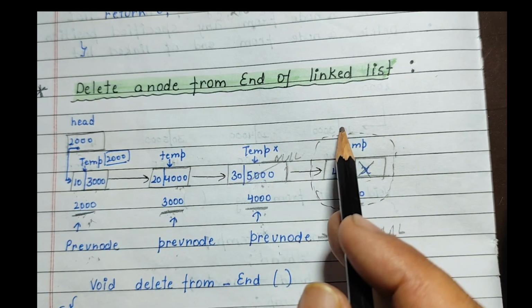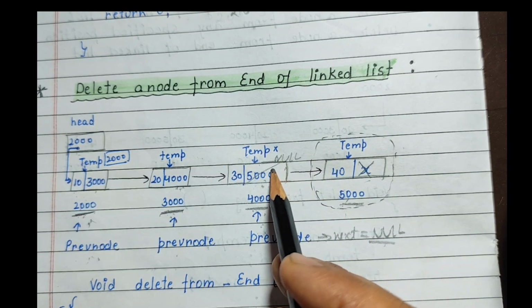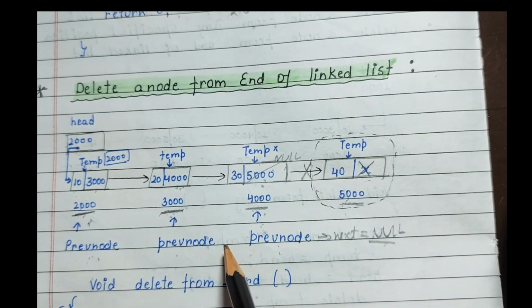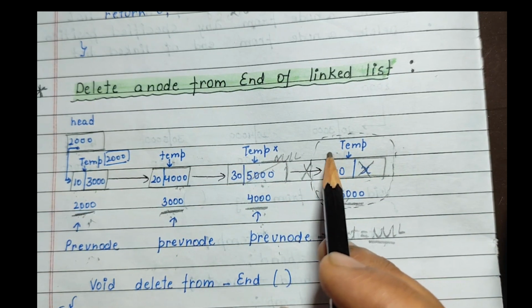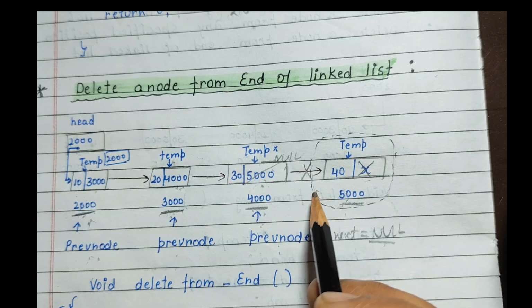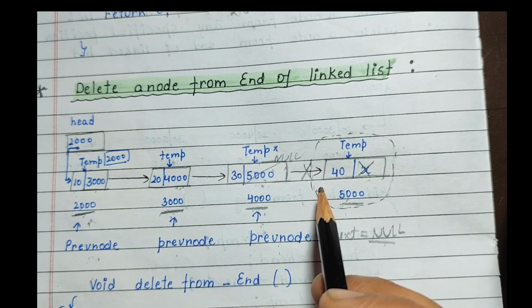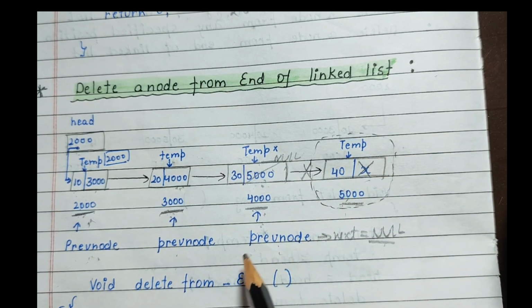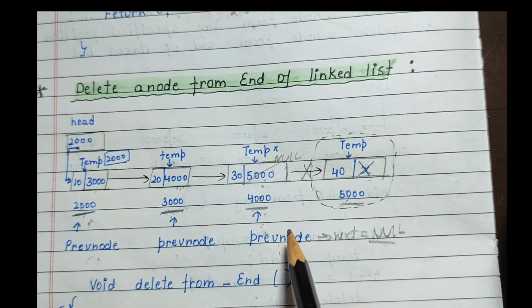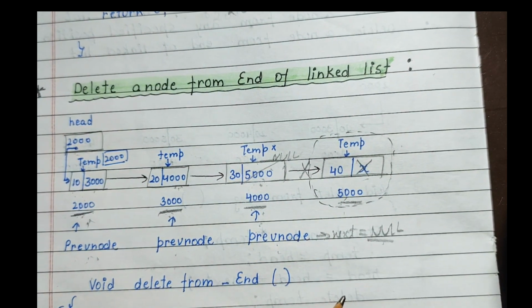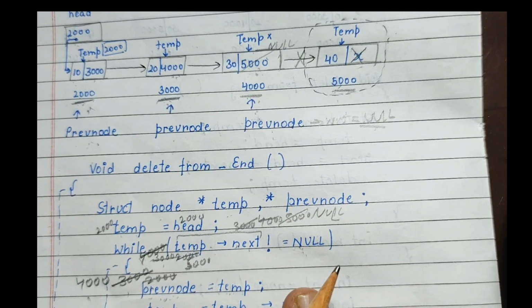When null is updated, this connection is broken. So after this, I simply write delete temp. And this temporary pointer is deleted. This node is deleted automatically. I hope all of you understood.